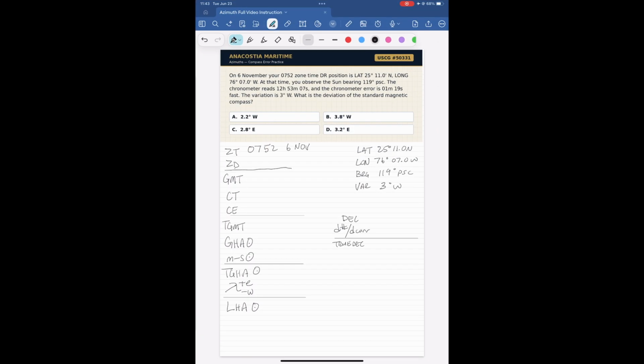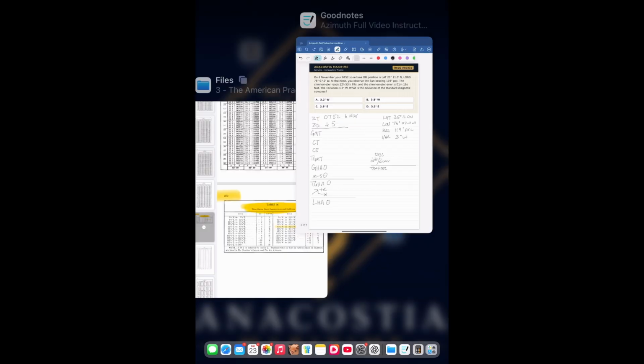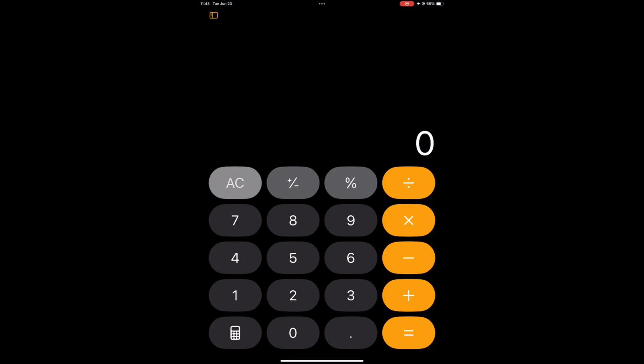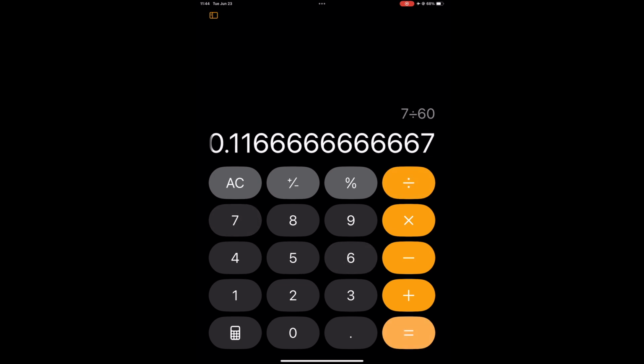So I'll go into my +5. Now, the other way of doing it is by using a calculator. I would then need to turn my longitude into just degrees. Right now it's degrees and minutes. I will then take my 7 minutes and divide it by 60. That is going to give me decimal form. That's 7 minutes in decimal form.